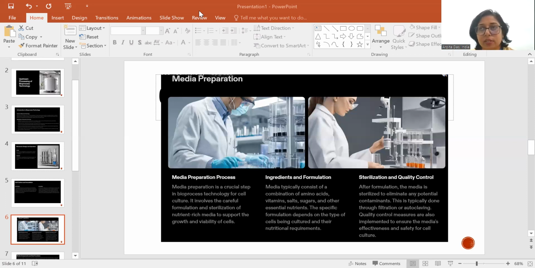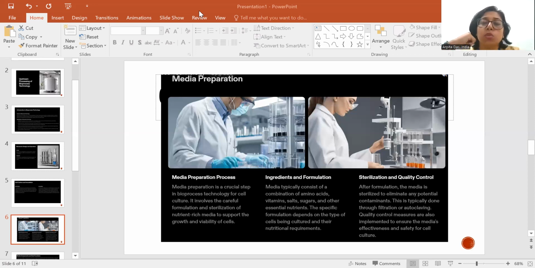Like bacitracin, for bacitracin production, manganese is used in the media formulation. Like if I want to produce riboflavin, in that case, while preparing media, some trace elements like Fe and cobalt are added into the media in a very small amount to achieve the highest production.